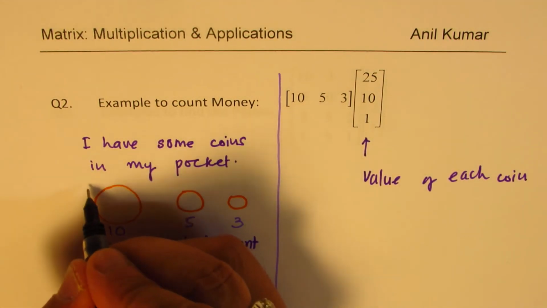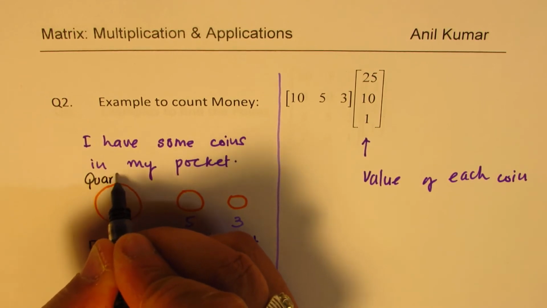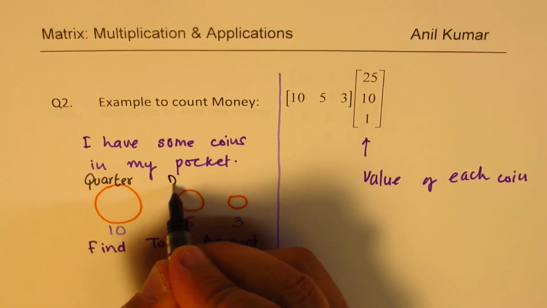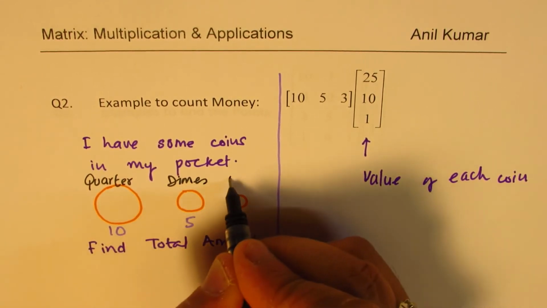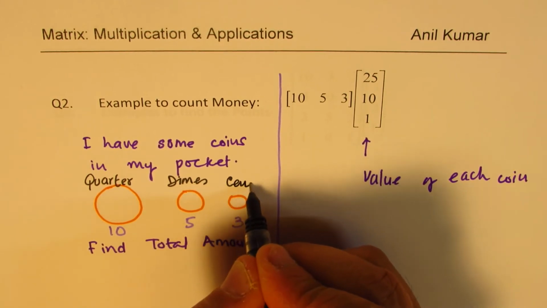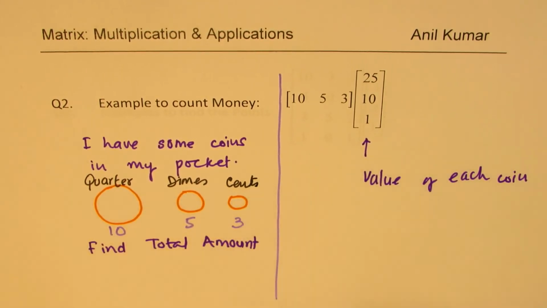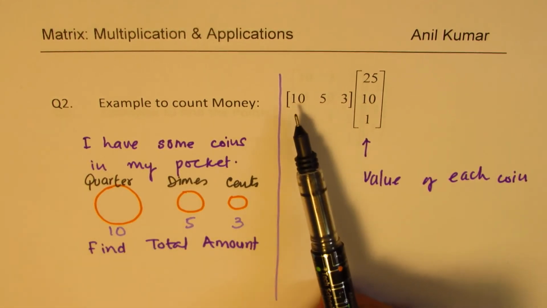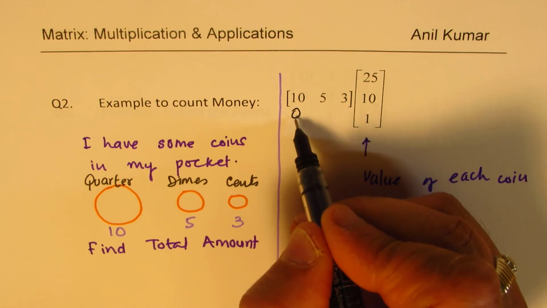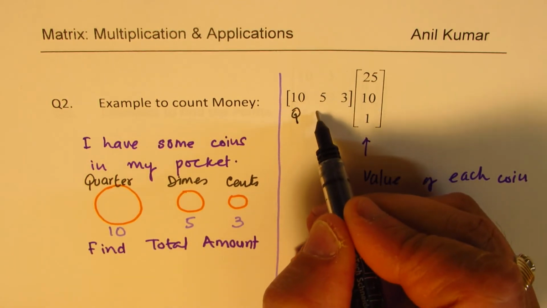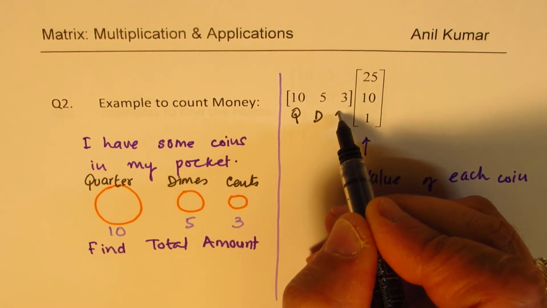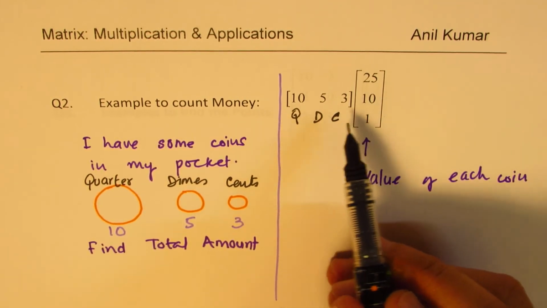So let's say we have quarters here. We have dimes. And we have cents, or pennies, you can say, right? Okay, so we have 10 quarters. So these are our quarters, right? These are our dimes, and these are our pennies, or you can say cents, okay?